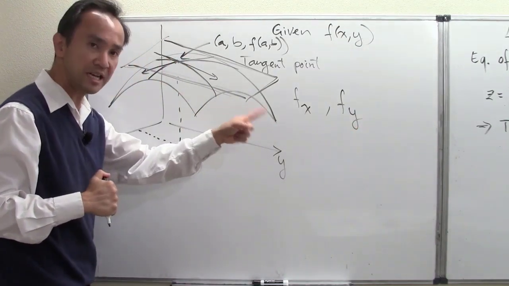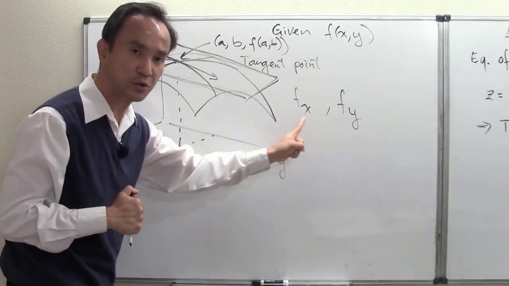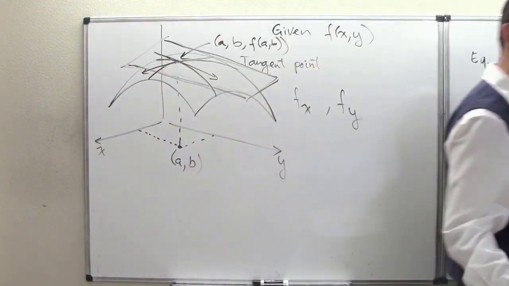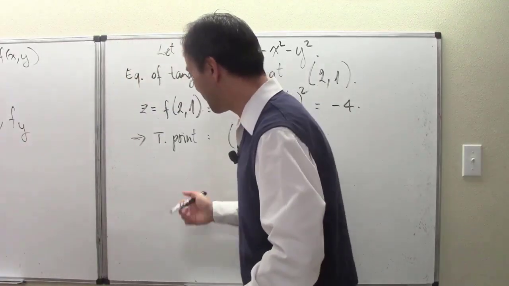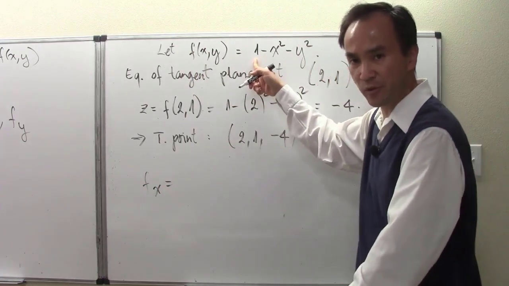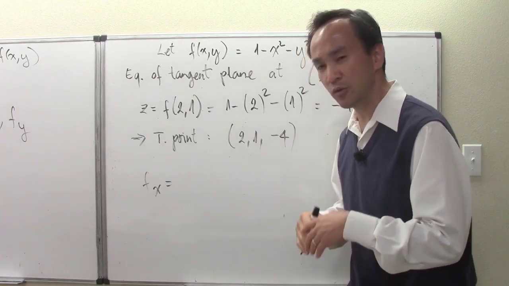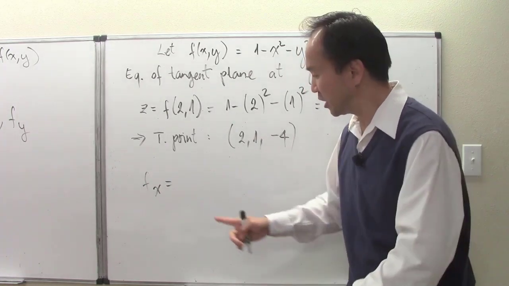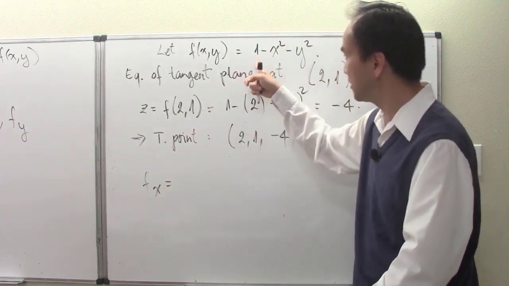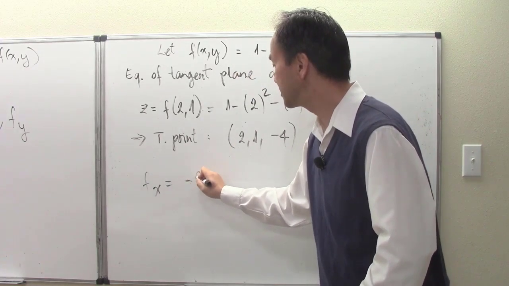So in my next step for the specific example, I am going to find these two partial derivatives. Partial derivative in respect to x. At this point, anyone viewing this lesson must be fluent with the skill of finding partial derivatives, so I hope I can speed up the process here. The partial derivative in respect to x for this function is minus 2x.